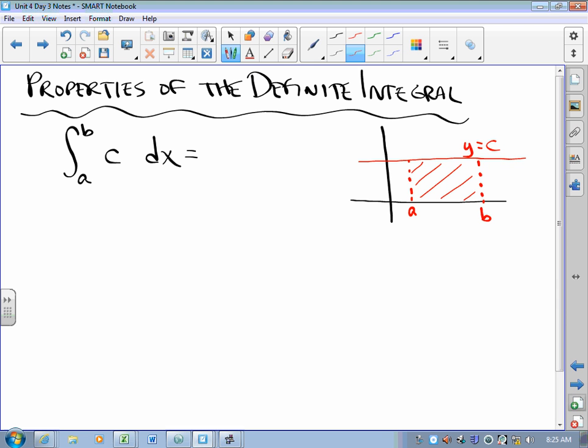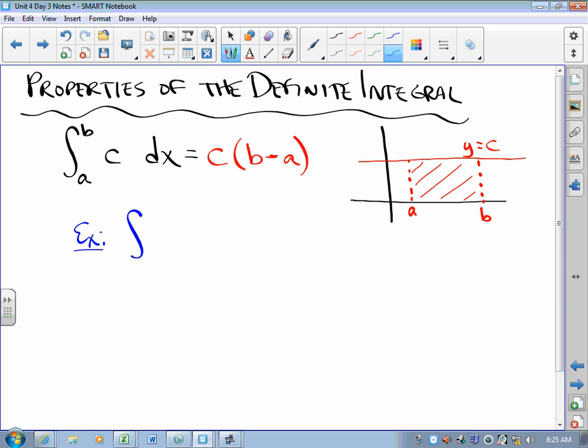Well, this area is the area of a rectangle, and that rectangle has height c and width b minus a. And so we would say that the integral of c dx from a to b is c times b minus a.